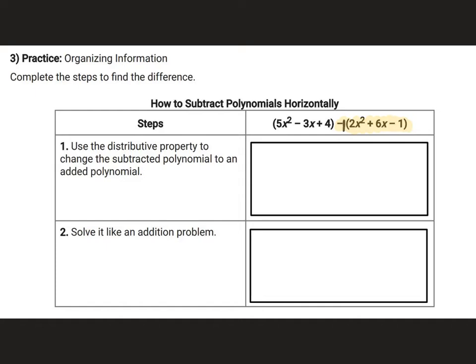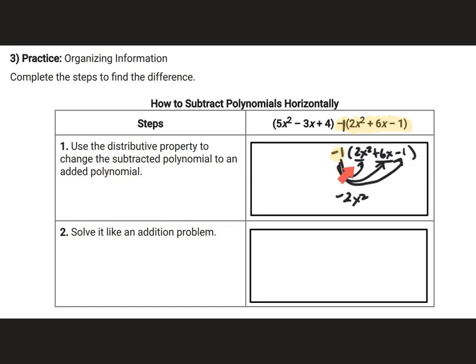So here's what I'm going to do. I'm going to take this negative 1 times 2x squared plus 6x minus 1, and I'm going to highlight this term that I'm going to be distributing, and I'm going to distribute it to every single term I see here. So I get negative 1 times 2x squared, which is negative 2x squared.